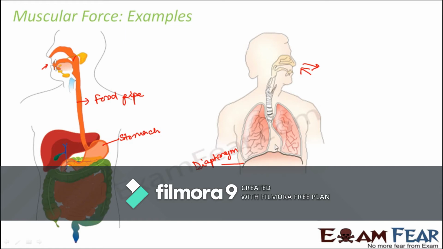When the diaphragm moves up, air goes out, and when air comes in, in order to accommodate that extra amount of air, the diaphragm moves down so that it can create more space in the thoracic cavity.